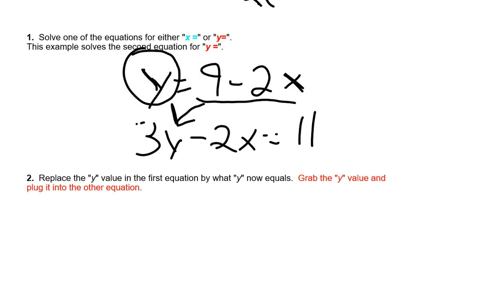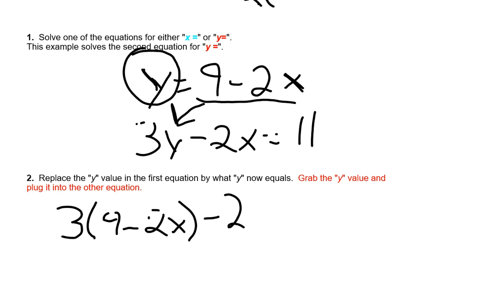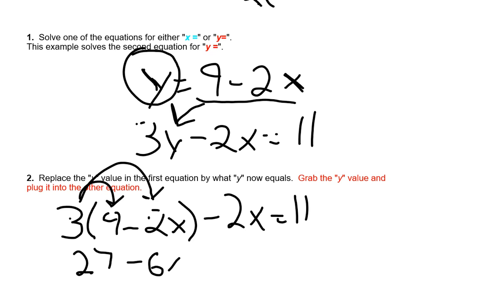So we're going to rewrite this equation as 3 times y, which is 9 minus 2x. Then we're going to write the rest of the equation, minus 2x equals 11. Now we can distribute: 3 times 9 is 27, 3 times negative 2x is negative 6x. I've got the rest of my equation still, negative 2x will be here, and I've got an 11.